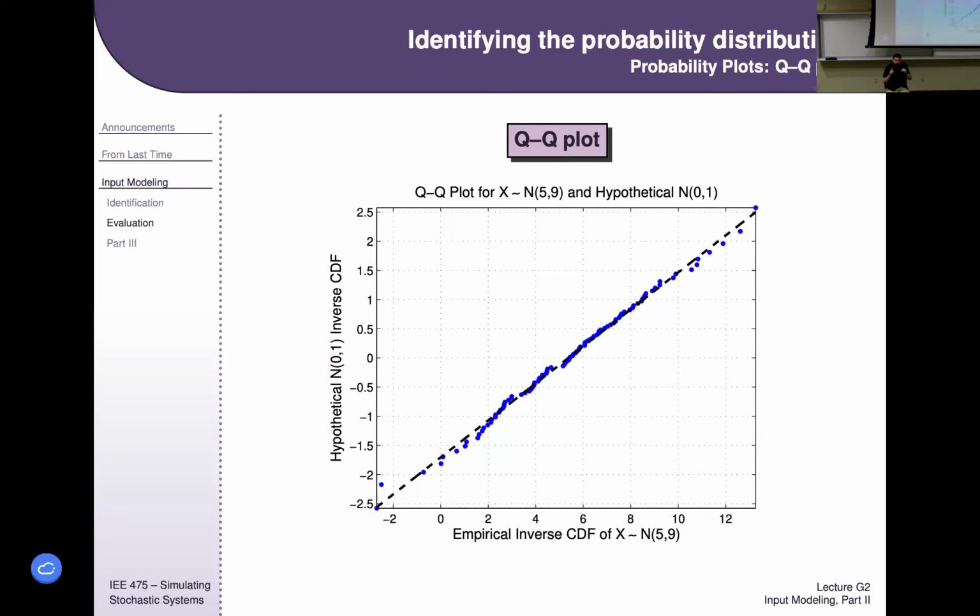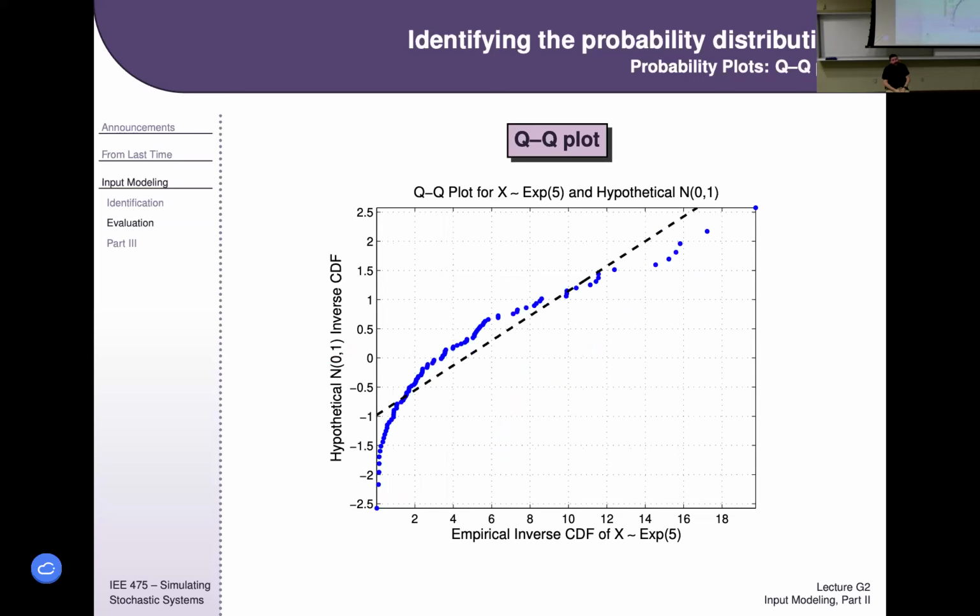I plotted that into the inverse CDF, which we all know about now because we did all that stuff with inverse CDFs before the midterm. So I put it into the inverse CDF for a standard normal, and the data fall pretty much on a line. That means these are close to a normal distribution, that a normal family is a good choice for these data.